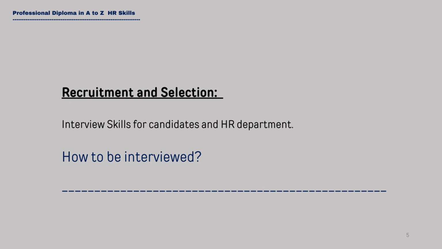So what I'm saying is that there is the enthusiasm which you have for the job, and the human resource department has defined enthusiasm in their own objective. So if you match with that, you have to be graceful. One of the things is that you show such a positive attitude, such a graceful attitude.